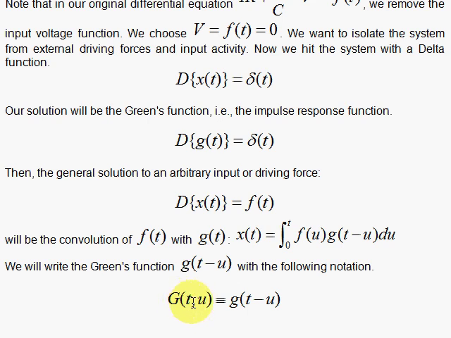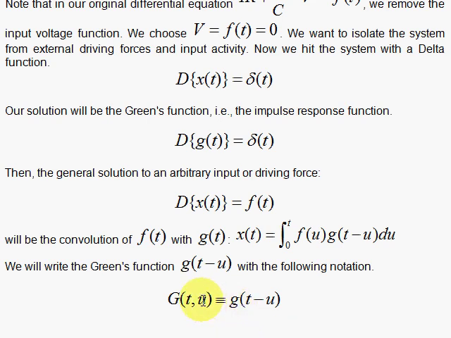We have the t, which is a time, and the u, which is a time, and then you do the time shift here on the little g, and that gets you the Green's function, or a general form of the Green's function.